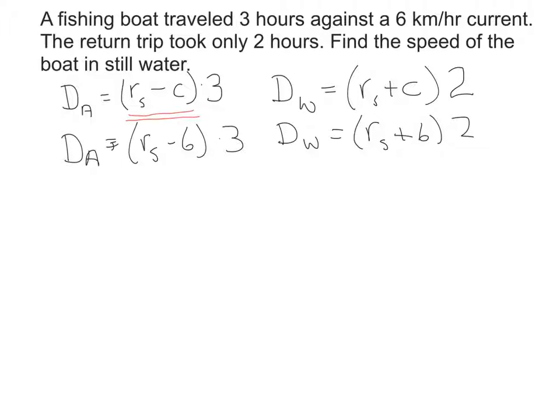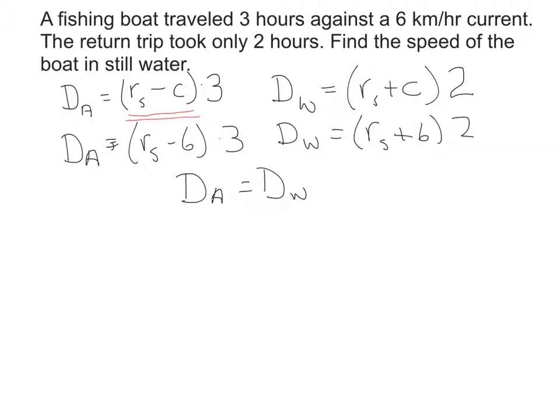Now the only connecting thing that we still need is that the distance is equal. If we look at this problem, the boat leaves someplace, travels out to a certain point, and then on the return trip comes back to where it started. Therefore, we know that the distance against the current and the distance with the current are the same.